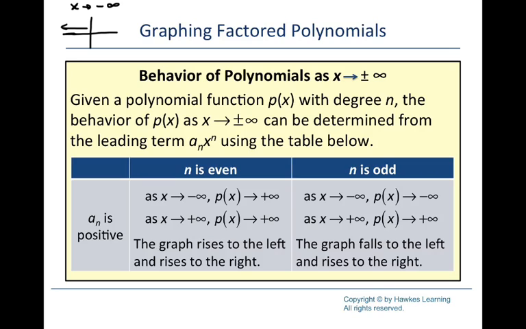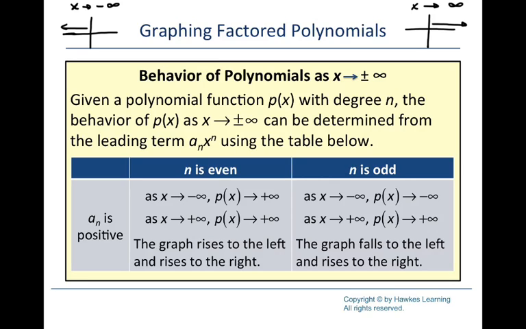For x approaching positive infinity, I'm going to put that on the other side. For x approaching positive infinity, as you would think, the graph is going this way, as our x's are getting more and more positive, higher and higher and higher. What happens to the end behavior of the graph?